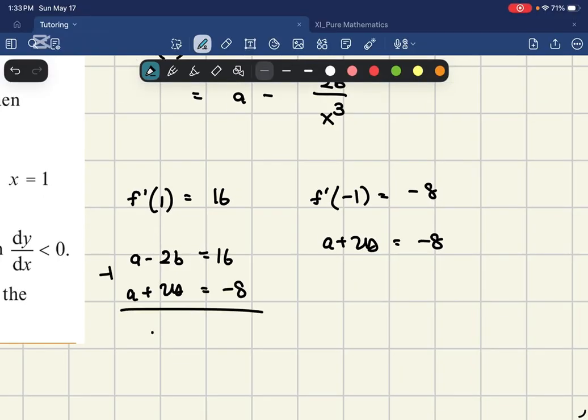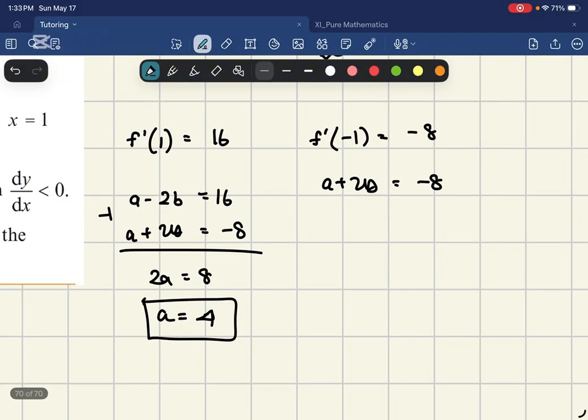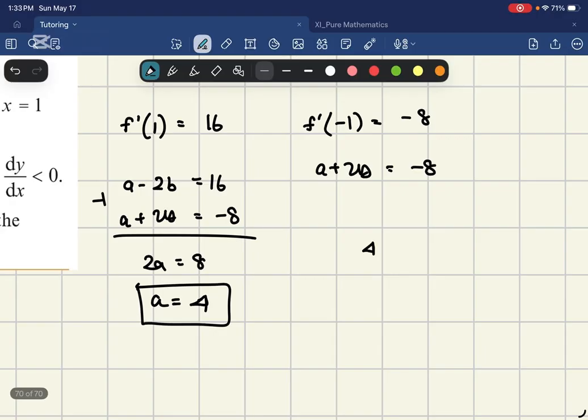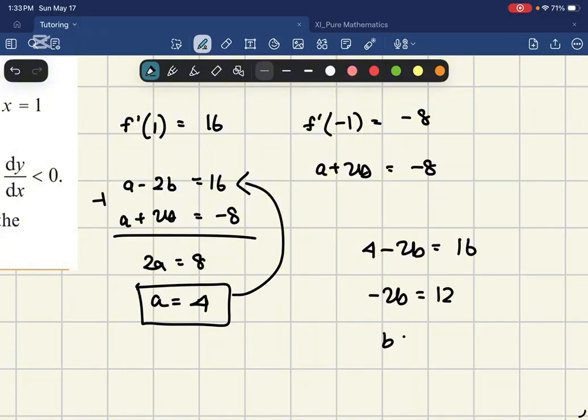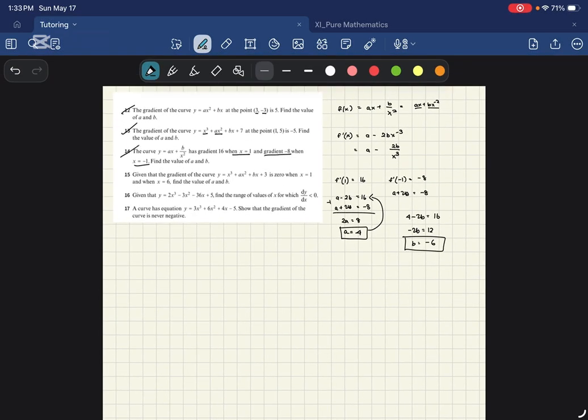If I add these two equations up, I get 2a is equal to 8, a is equal to 4. And finally, if I substitute this here, I get this expression. Minus 2b is 12, b is equal to minus 6. All right. So that is 14.